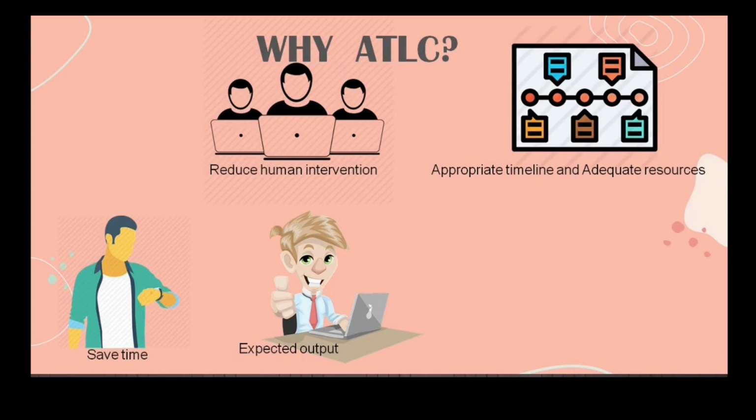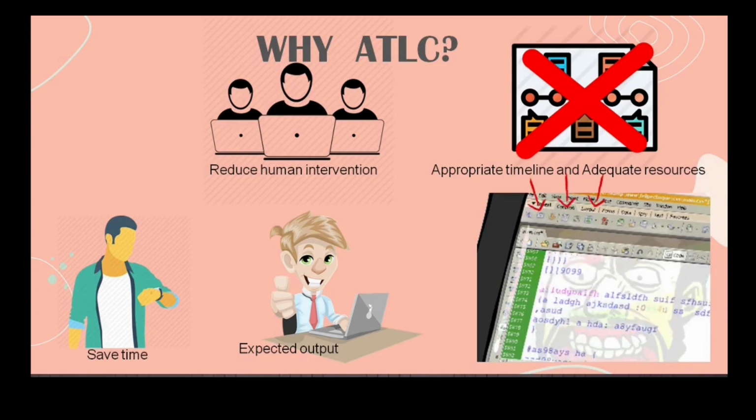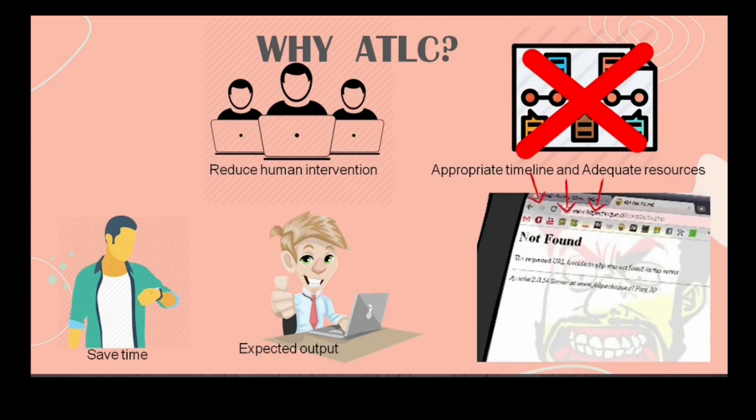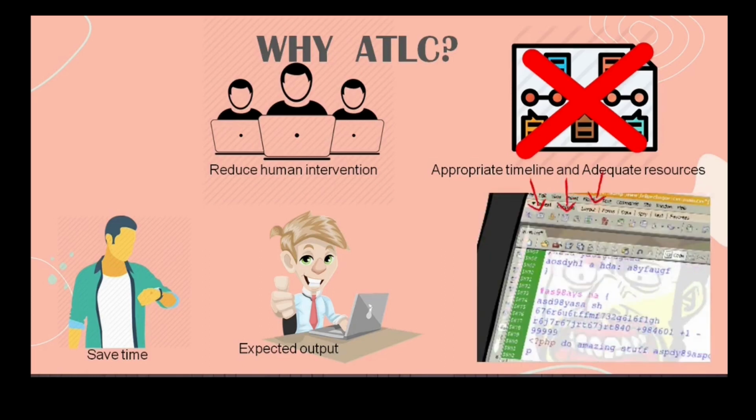Now, what if there is no timeline, there are no resources, we don't know how to execute it? So, what will happen? It will obviously cause a failure. Automating tests without a plan or a sequence can lead to massive scripts, which can often fail and involve a lot of human intervention.